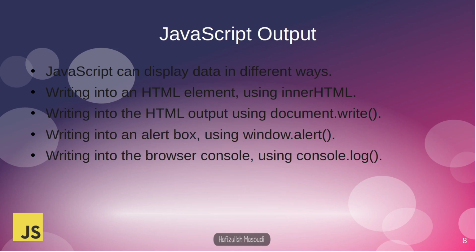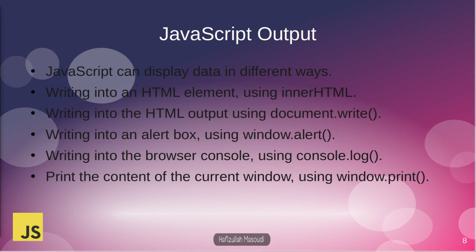It can write data in an alert box using window.alert, or it can write something to the console of the browser using console.log. And you can print the content of the current window also using window.print. So these are some of the ways you can display the data of JavaScript.